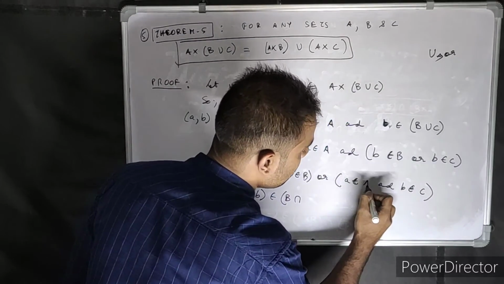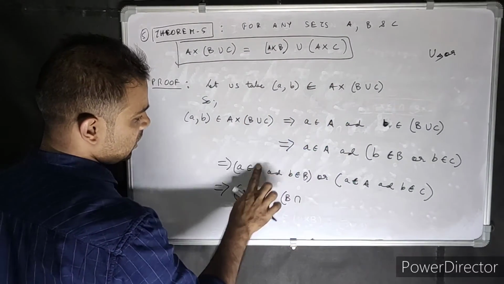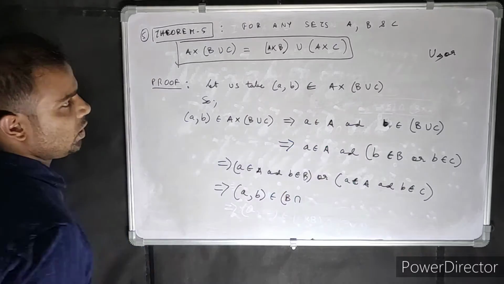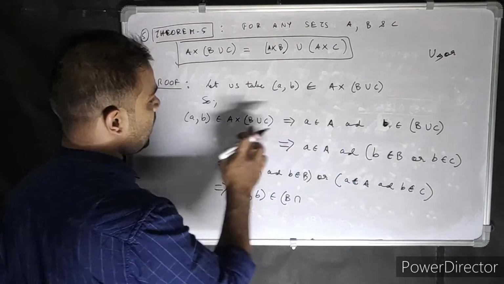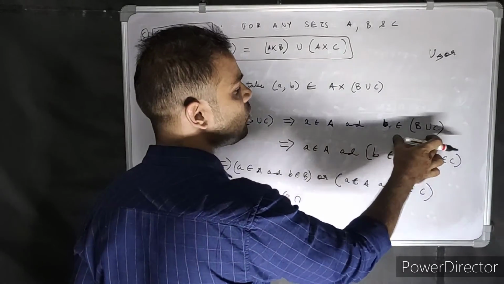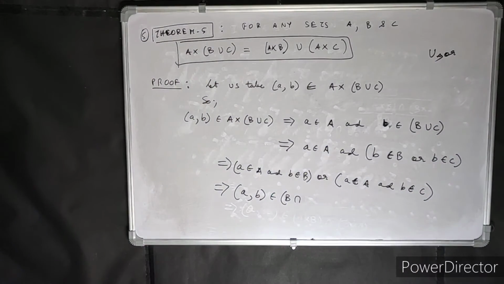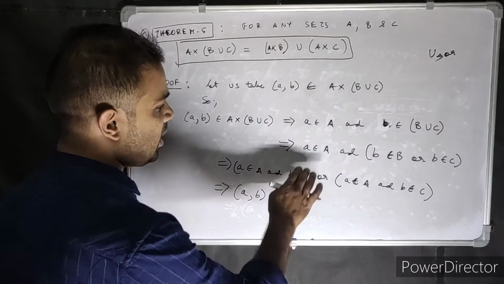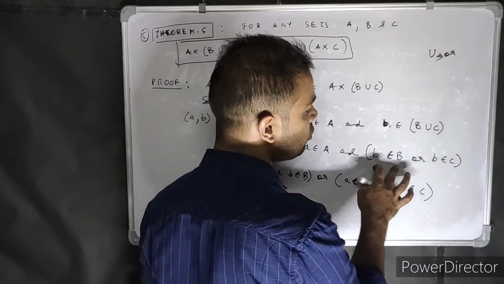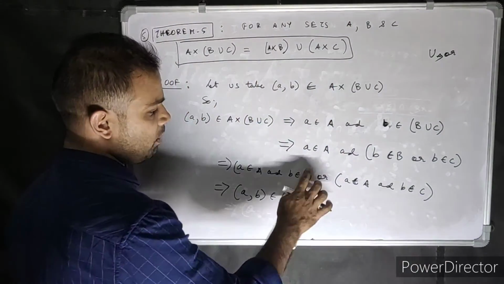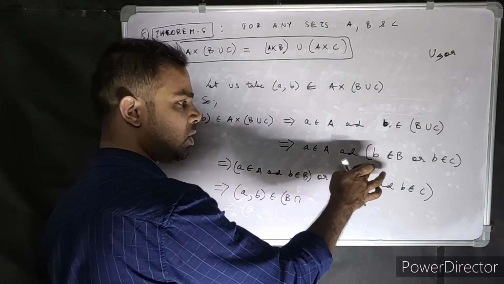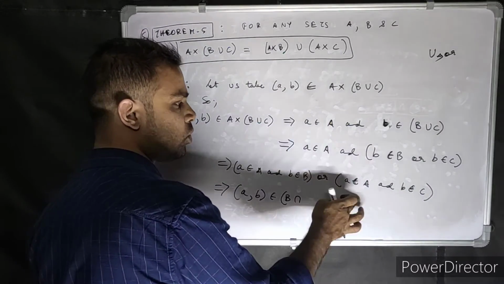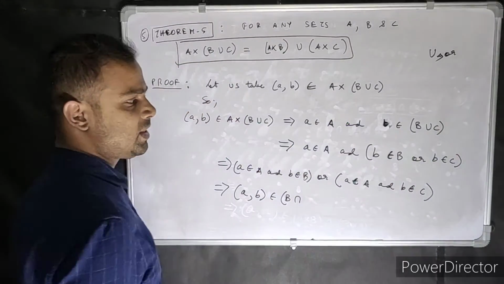Wherever you have written B, except for just this part, it just changes to A. Now it's okay. So a belongs to A and b belongs to the union of B and C. That means a belongs to A and b belongs to B, or b belongs to C. That means a belongs to A and b belongs to B, or a belongs to A and b belongs to C.